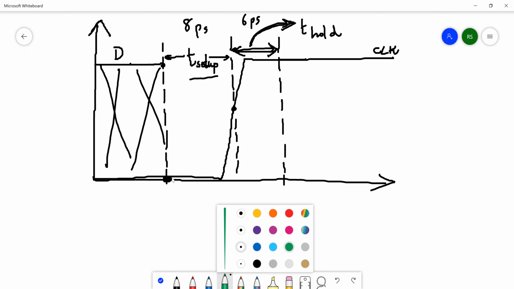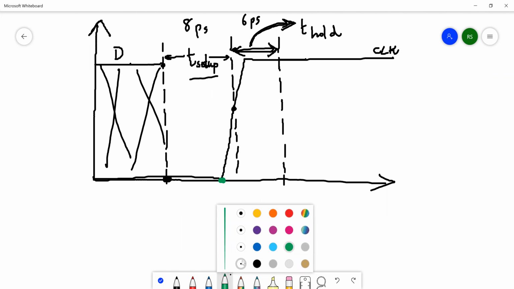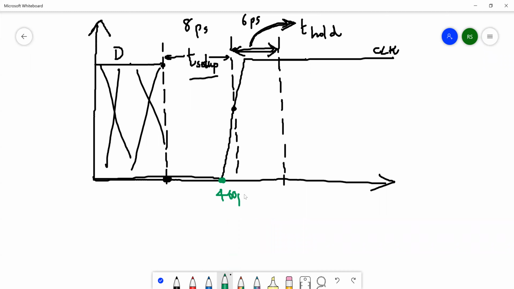Theoretically the clock signal could arrive at something like 400 picoseconds, according to the designer working with the simulation tool. But in the practical setting, because of the delays, it might happen that the clock actually comes at 360 picoseconds. And this is the reason why this setup time constraint is there.